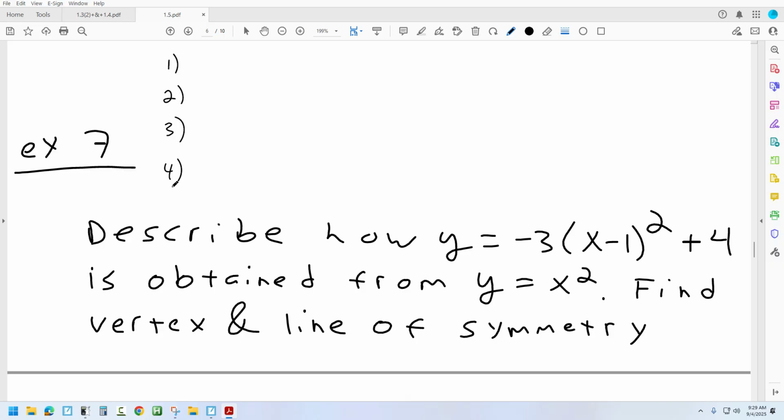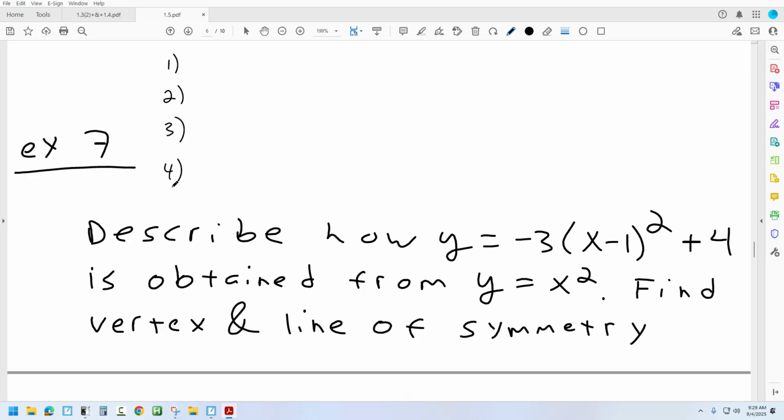Okay. What am I going to focus on first? What number, what symbol is the first thing I'm going to look at in that problem? The 1. Yeah, what is it again? It's a horizontal shift, so that 1 is telling me it's going to shift horizontally 1 unit. And can you tell me a little bit more?